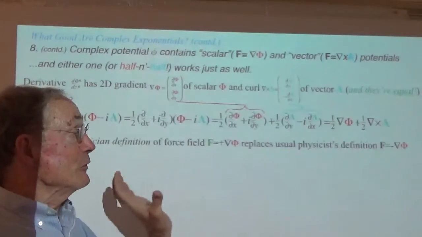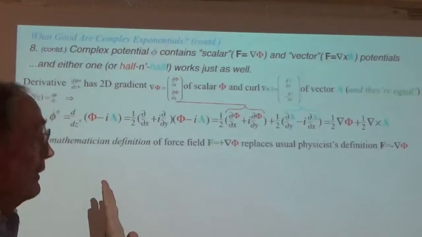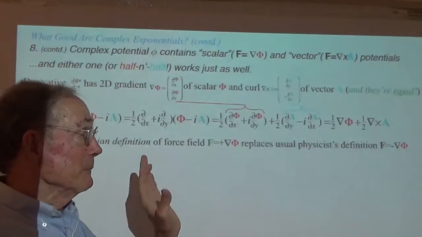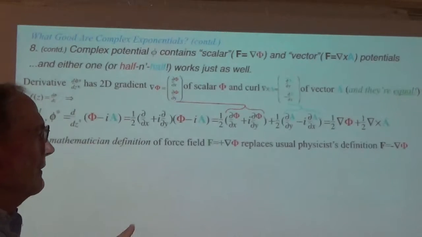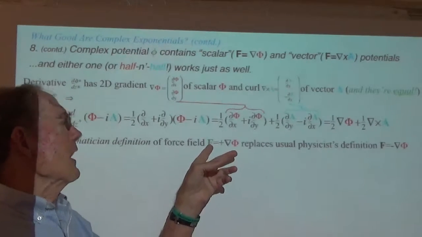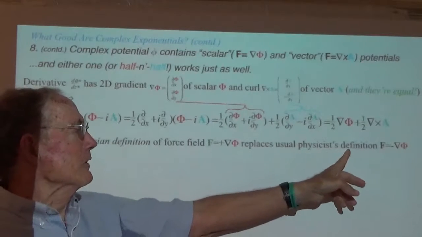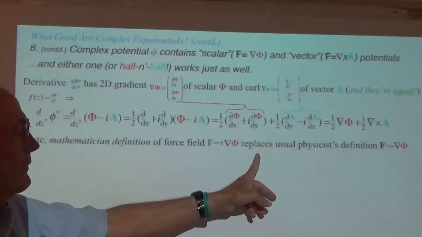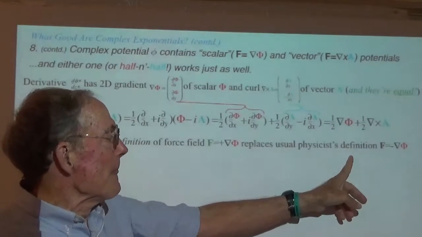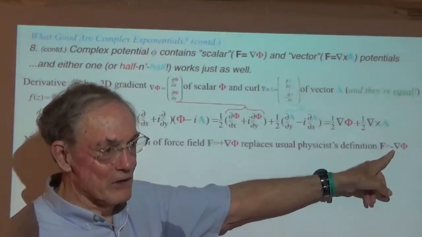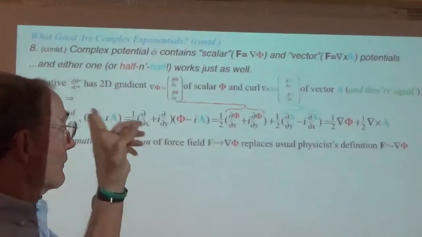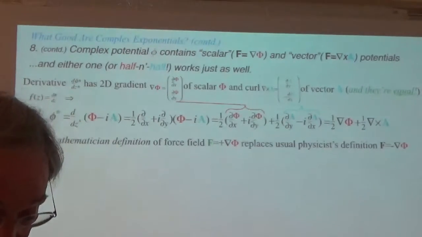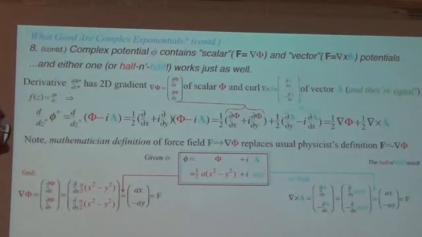Potential theory was developed essentially by people who would be called mathematicians now rather than physicists, but everybody was just called a philosopher in the 1800s when this stuff got developed. The physicist's definition got the minus sign, remember? Well, we get rid of one minus sign. There are minus signs up here to trip on, but this one will not trip us.